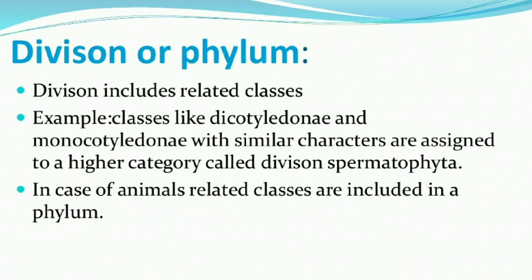So whichever classes have similarities are kept under the same division. Okay, so we have Angiospermae, Gymnospermae, Pteridophyta, Bryophyta, algae. All these are the divisions. So these divisions will be kept under respective kingdoms.